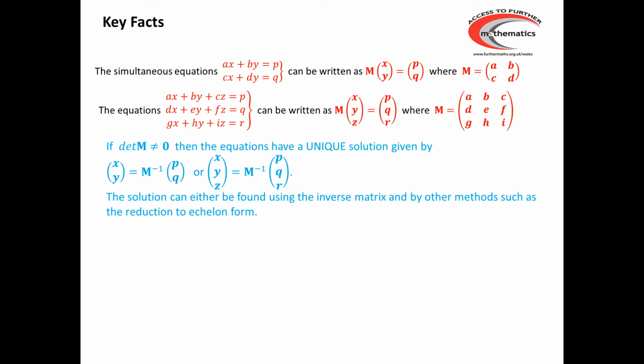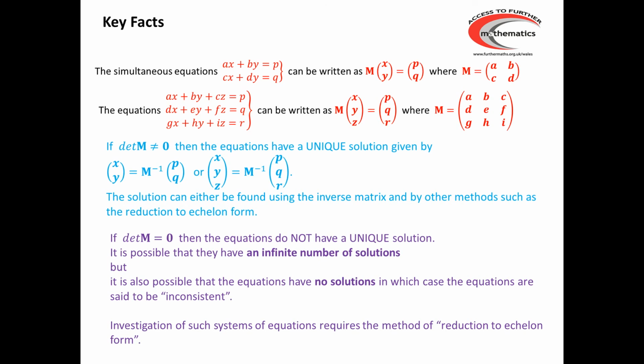On the other hand, if the determinant of the matrix is 0, in other words, if the matrix is a singular matrix, then the equations do not have a unique solution.